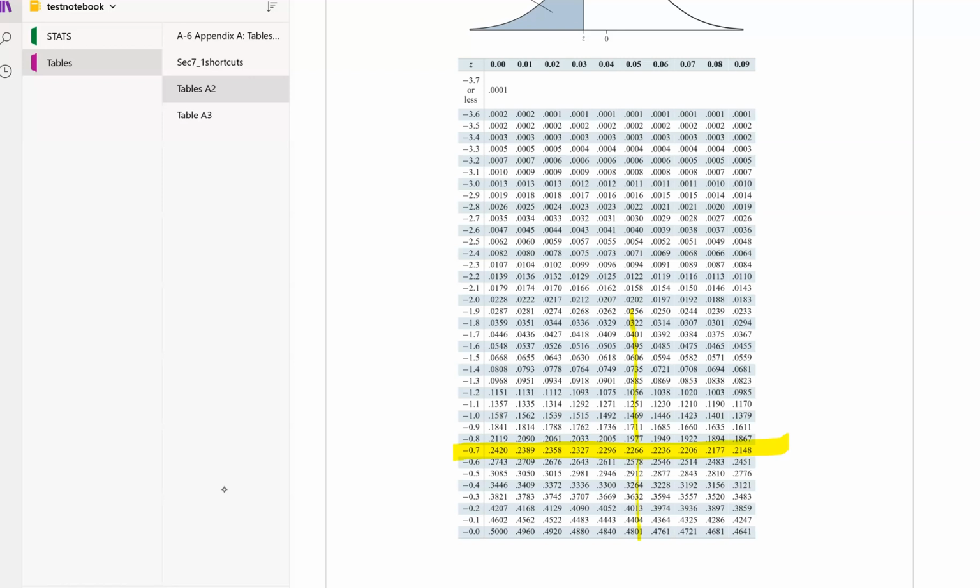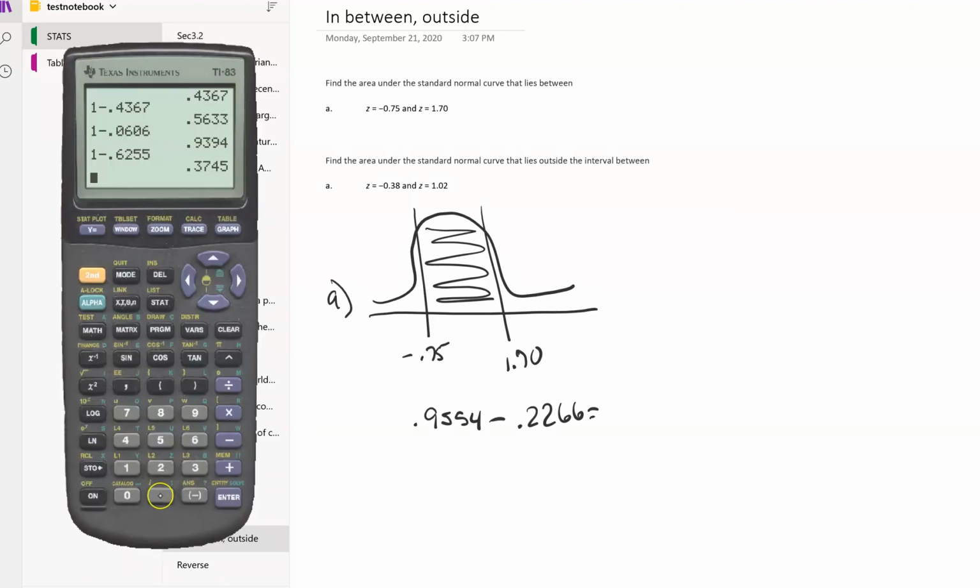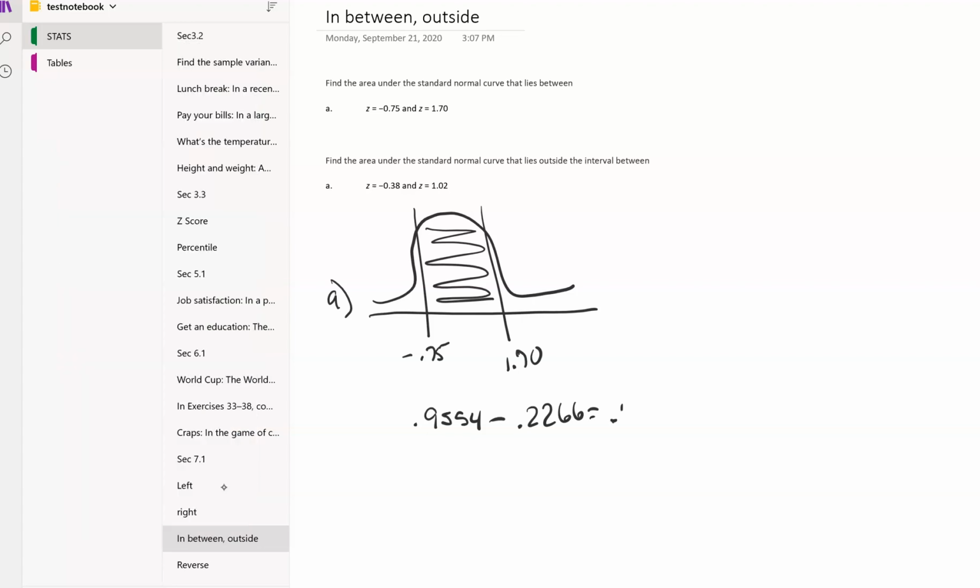So it's 0.2266. These have to be subtracted. So 0.9554 minus 0.2266, I get 0.7288. That's my answer.